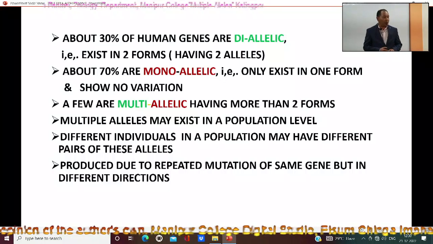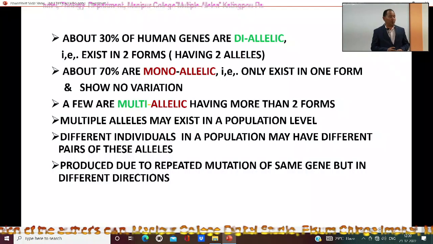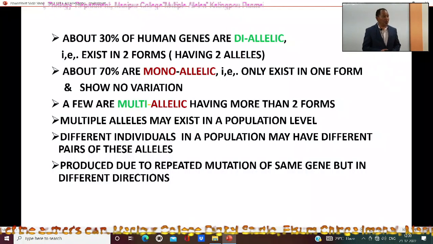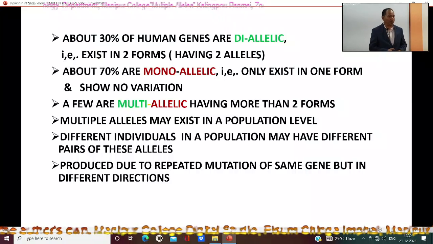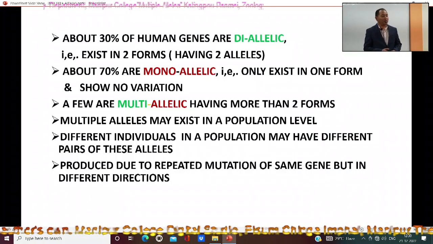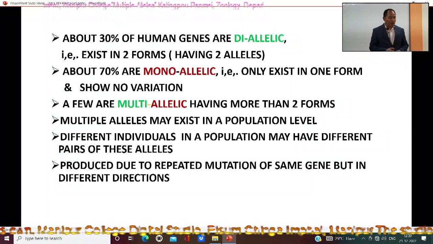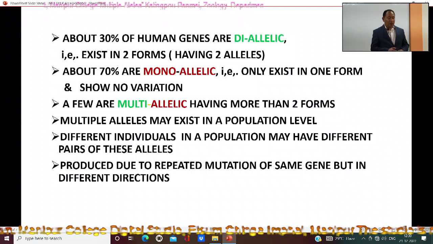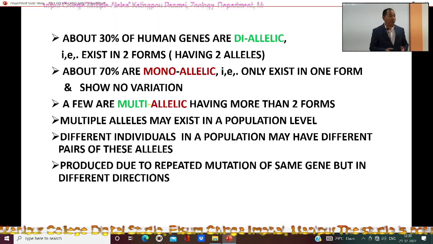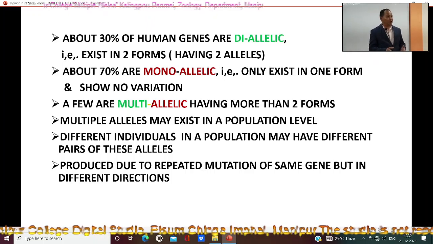Although a diploid individual organism can only have two alleles for a given gene, multiple alleles may exist at the population level, and different individuals in the population may have different pairs of these alleles.